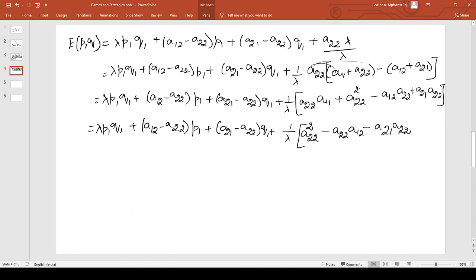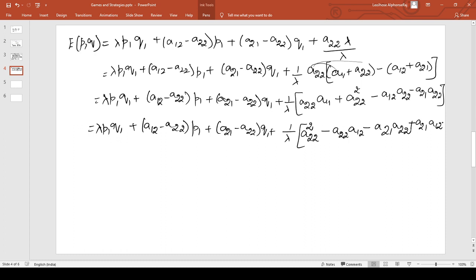Yes, here actually it is minus A21 A22. Here let us subtract and add the next two terms, A21 A12.